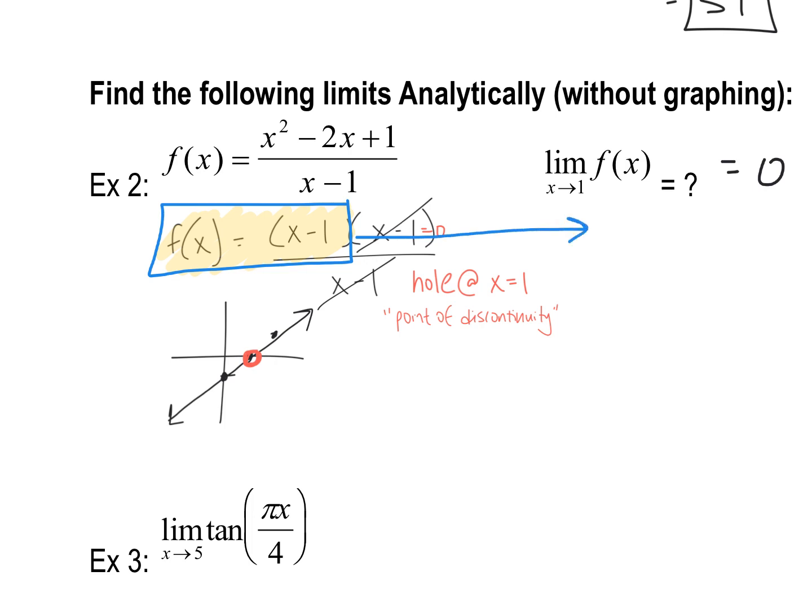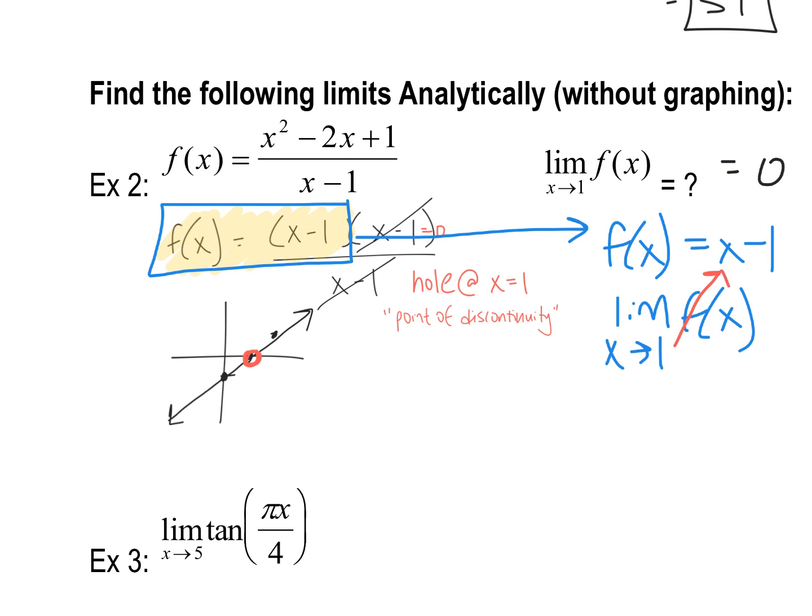And so that means that f of x is just this x minus 1 thing. So when I do the limit as x approaches 1 of f of x, when I plug in the 1 to the new and improved simplified version of the equation, what do you get? 1 minus 1 equals 0.